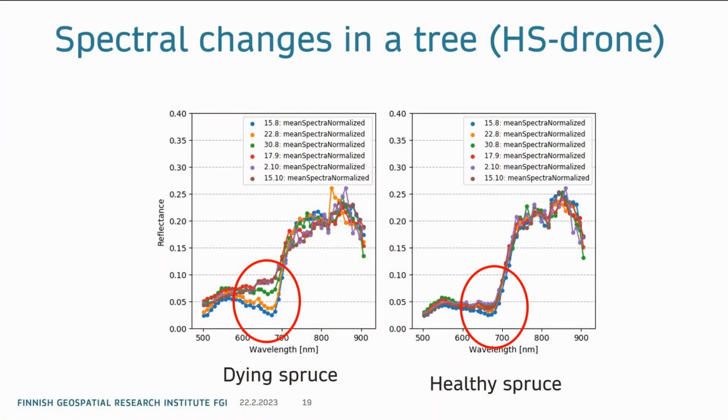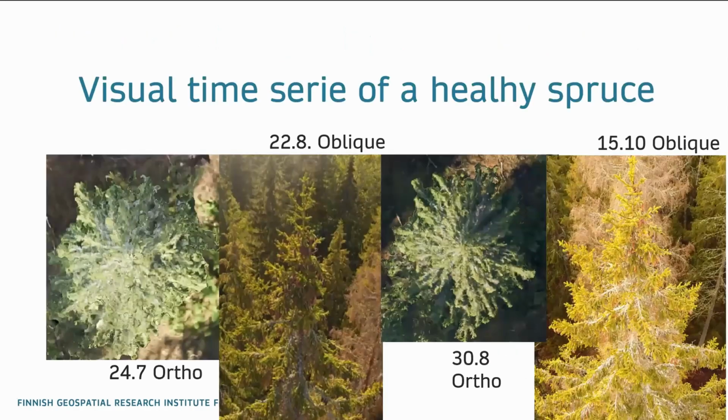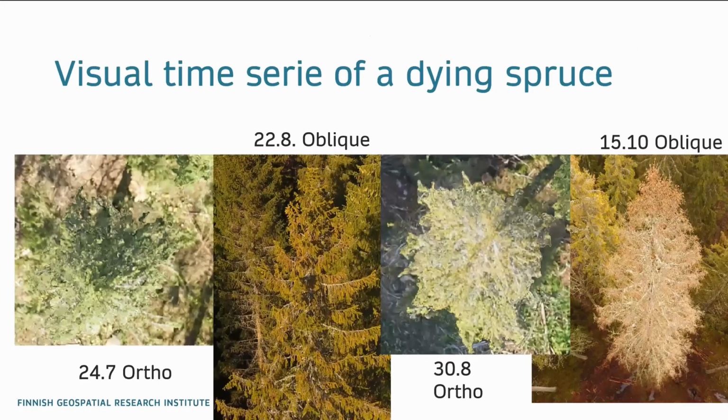If we start to look at the blue one, we see still quite healthy spectra. Also after 1 week it's still quite healthy, but then in 1 week it starts to have a lot of differences in the red part of the spectra. So within 1 week the difference was quite huge in the spectra, as we also see from the images here. With only 1 week's difference it starts to turn very fast to yellow.